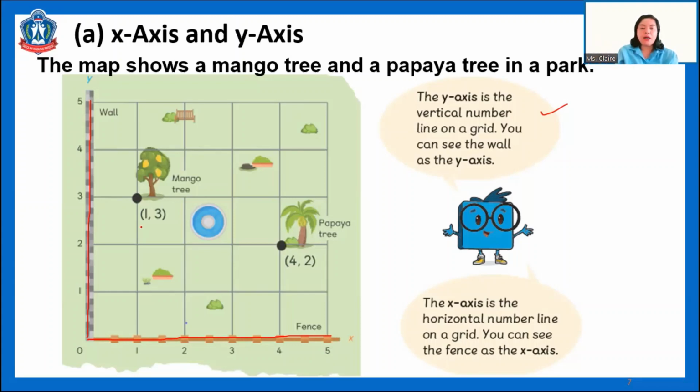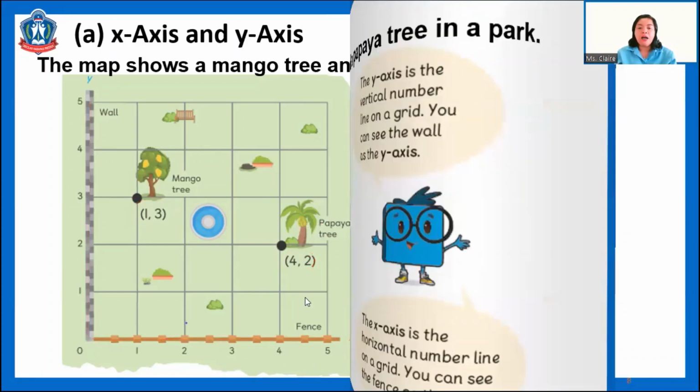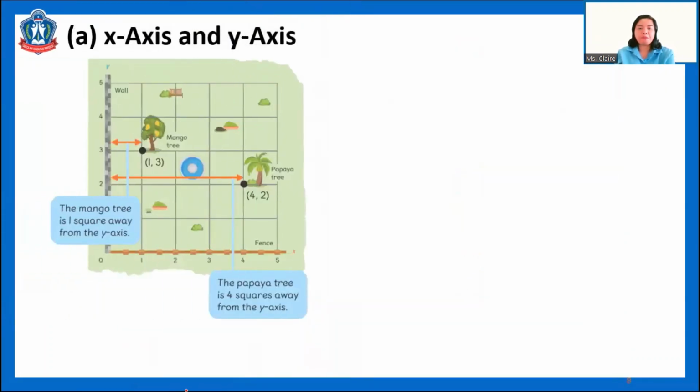Now we have here one tree. These are the coordinates of the mango tree, and 4, 2, the coordinates of the papaya tree. What does 1, 3 mean? And what does 4, 2 mean? Okay, let's continue. The mango tree is 1 square away from the y-axis, right?